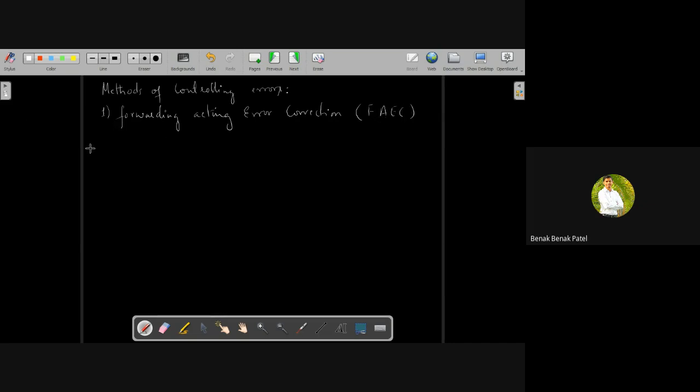And the other method is error detection.